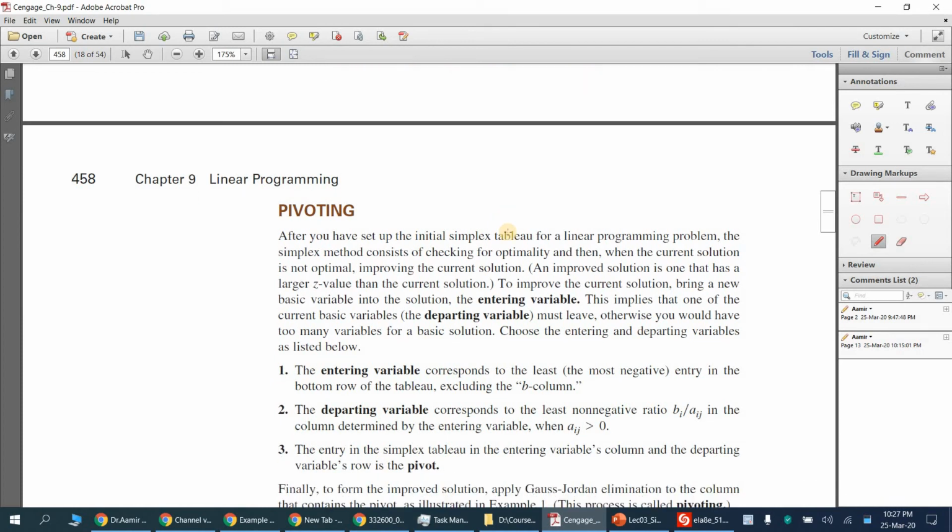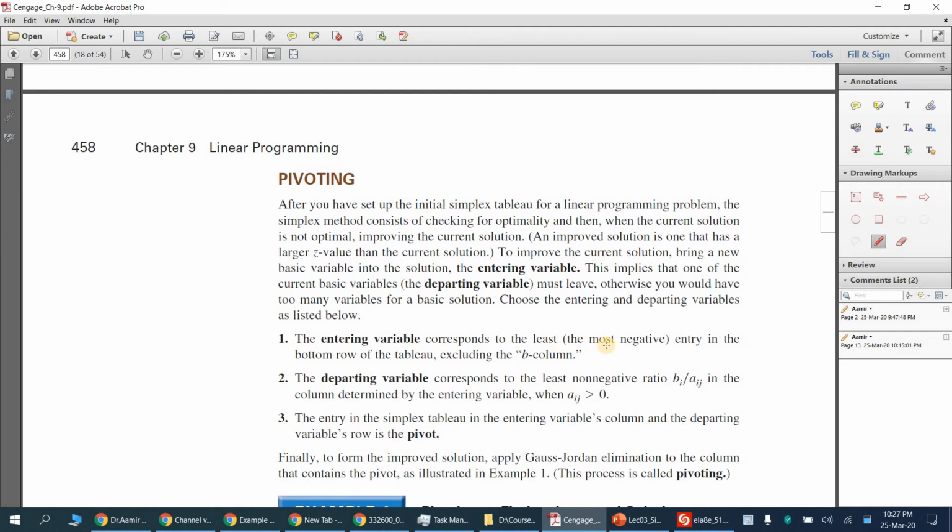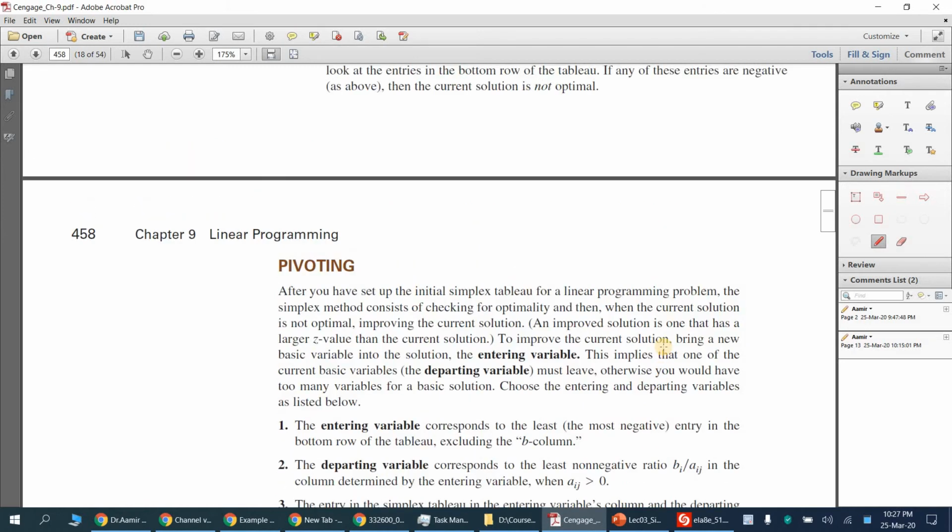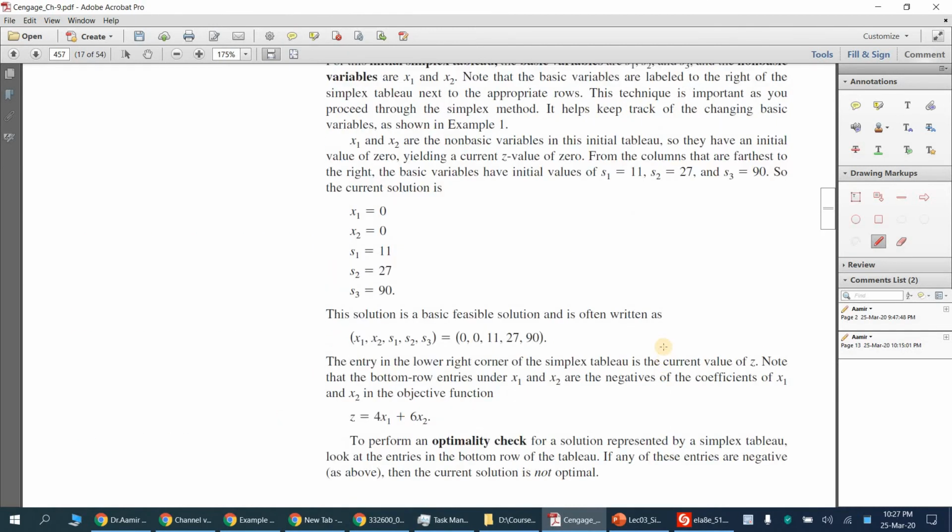For pivoting, you have two issues: you have to decide the entering variable and the leaving or departing variable. The entering variable corresponds to the most negative entry, the negative entry with the highest magnitude. That will be your entering variable.